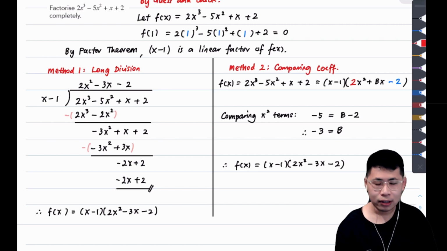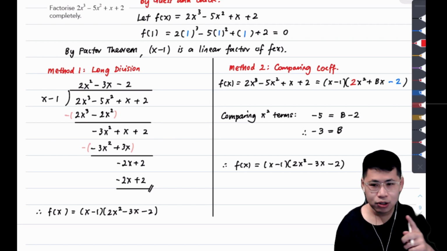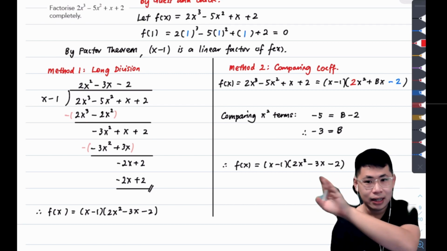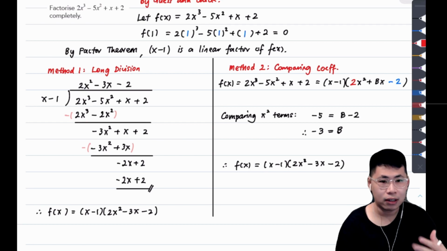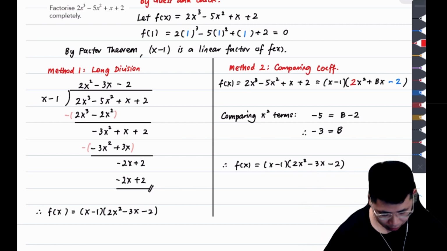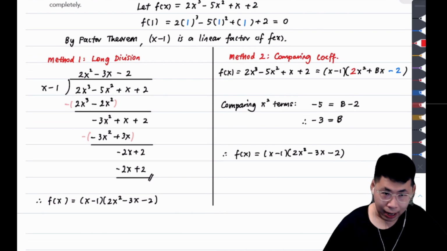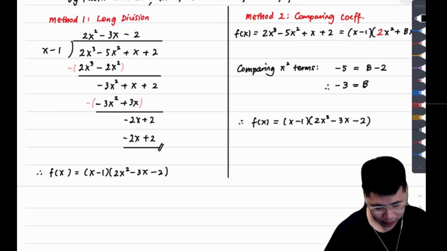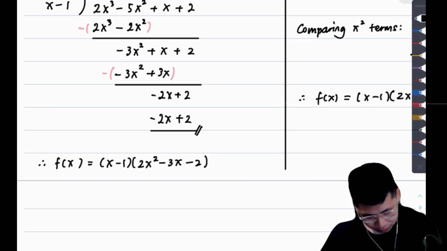So we are not done yet. Let us double check and see whether our quadratic factor can be factorized further. We need to factorize completely. So can this be factorized further? It turns out that we can factorize further. I'm just going to continue from the first one over here.